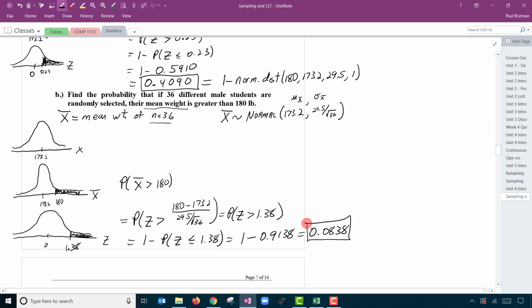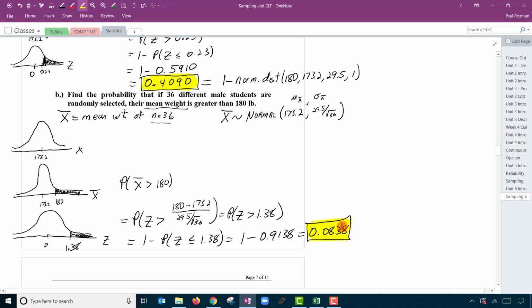A big contrast in answers. If you're saying, what's the probability that one person is over 180? It's pretty high. Well, what are the chances that a whole group will have a mean over 180? Well, it's only 8%. So you can see that that happens because there's less variability.